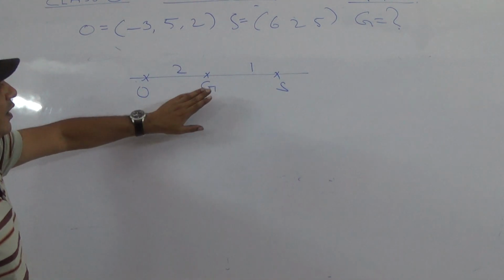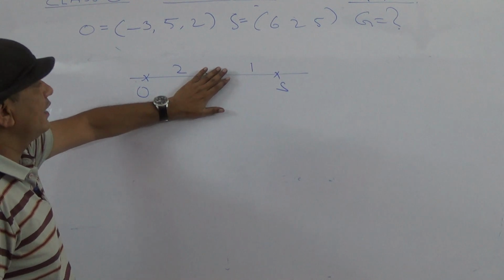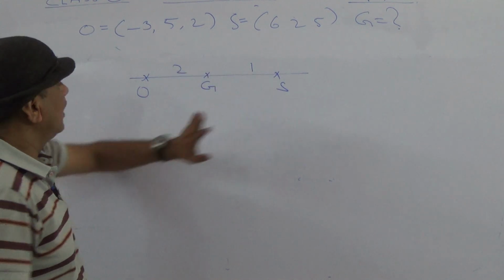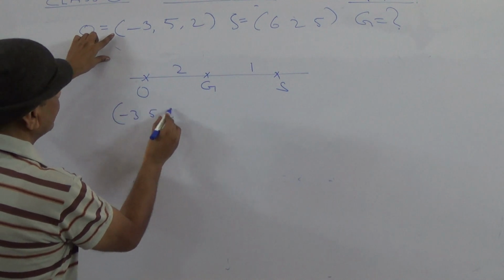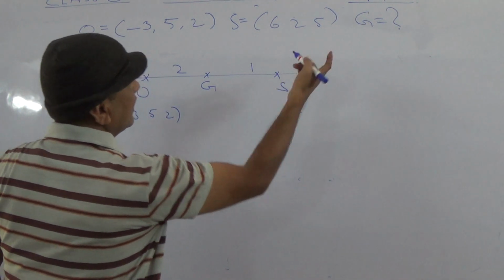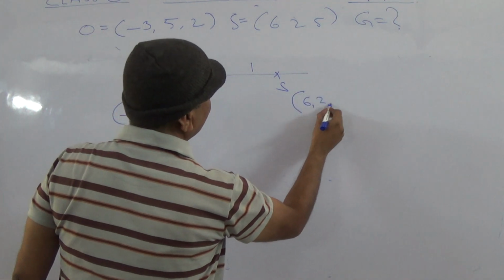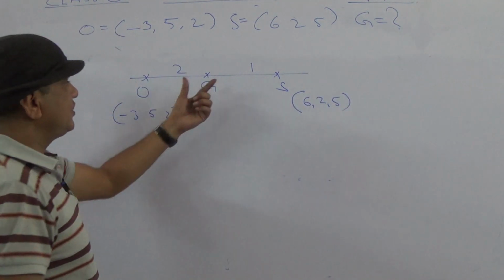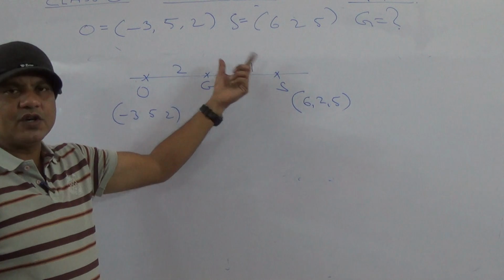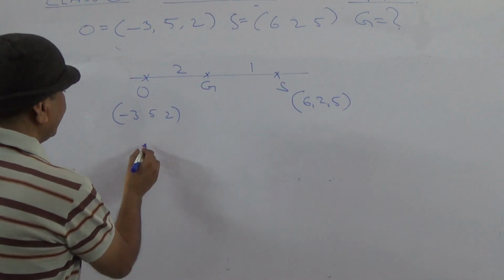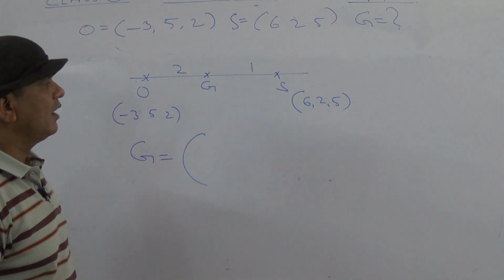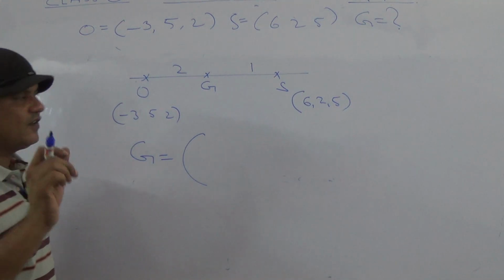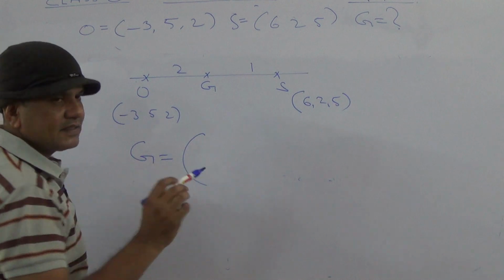Now how to find the coordinates of G? By using the section formula. Coordinates of O are given: -3, 5, 2. Coordinates of the circumcenter are given: 6, 2, 5. Here G divides in the ratio 2:1 internally. The coordinates of G by using the section formula are (mx2 plus nx1) by (m plus n).